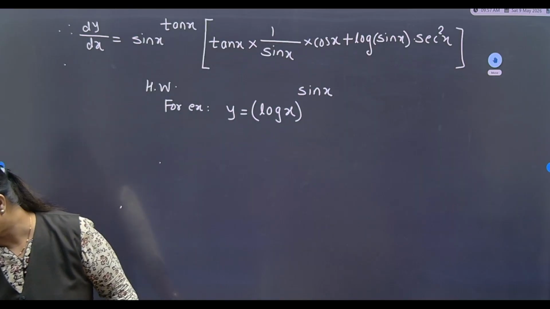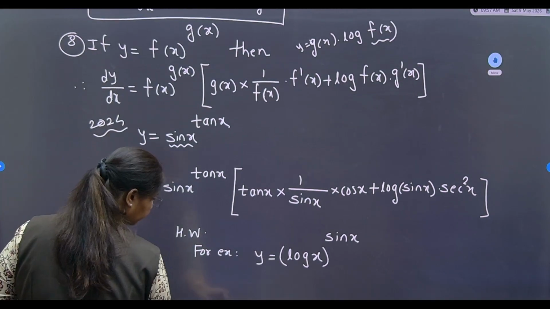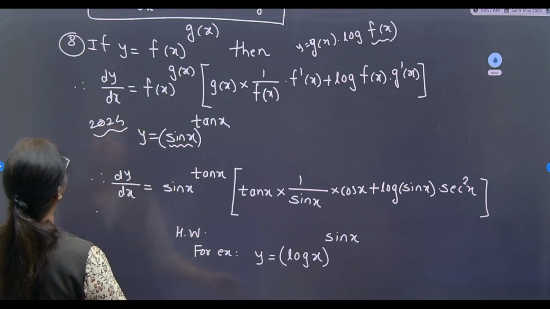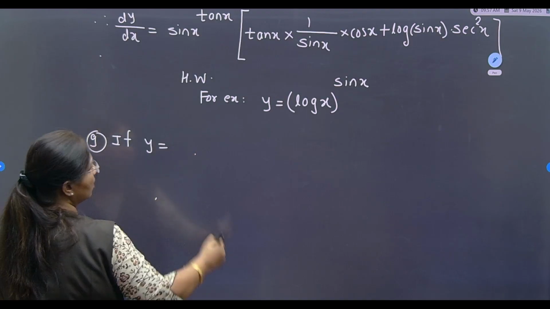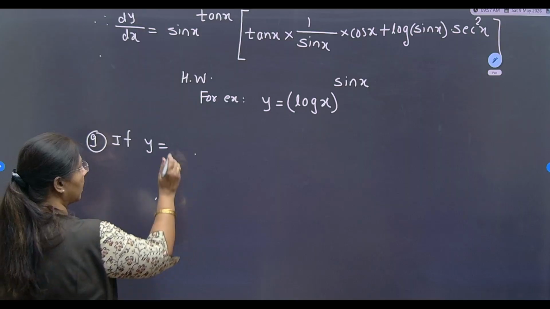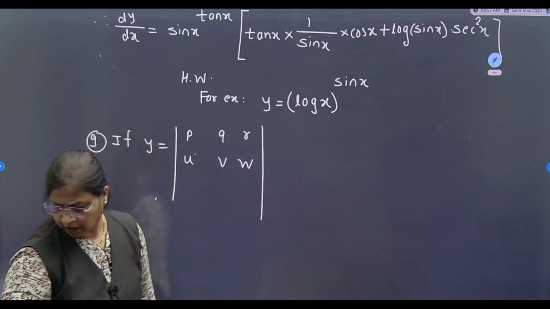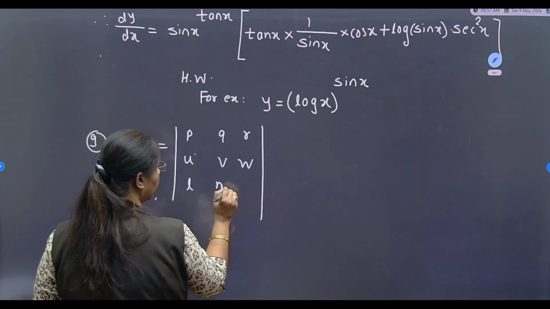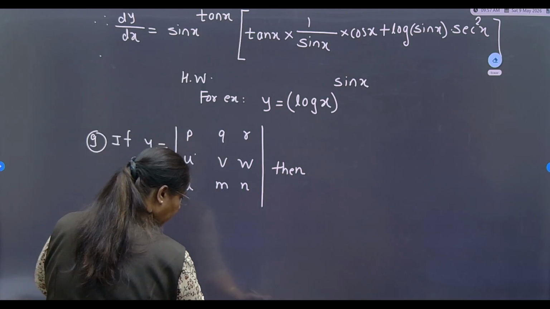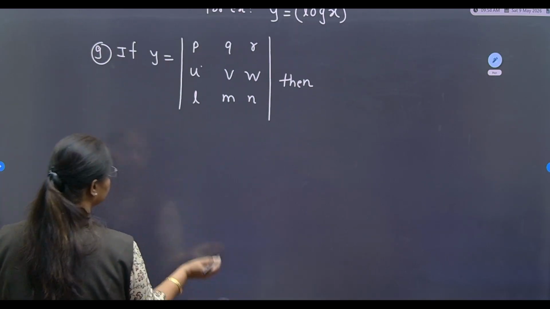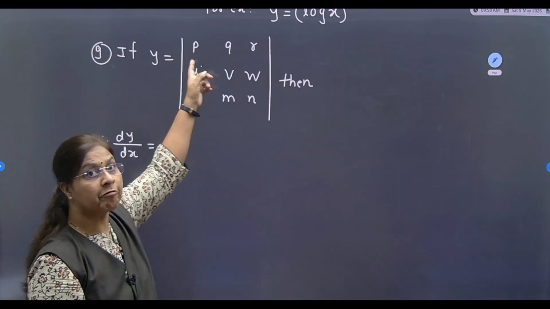Then next point, number 9. If y is equal to the determinant with first row P, Q, R, second row U, V, W and third row L, M, N, then dy upon dx is equal to the derivative of the first row.